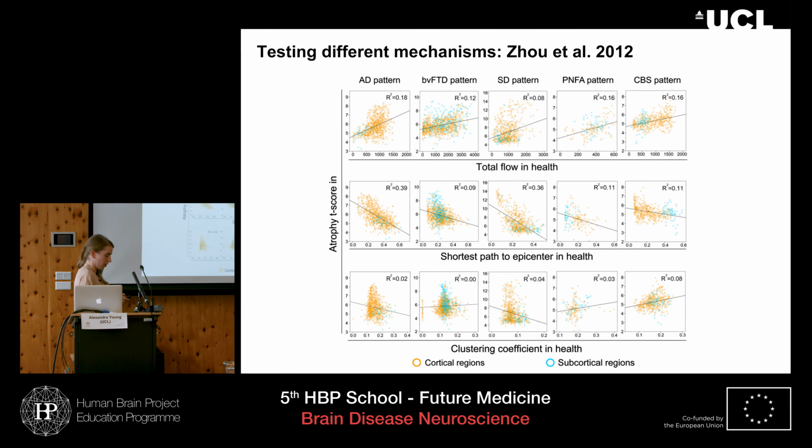And the clustering coefficient was the trophic failure. So what we can see here is that in all of the diseases, or the majority, most of them correspond to this shortest path to epicenter in health, suggesting that there's this transneuronal spread pattern. But some of them have this more total flow in health pattern, suggesting that there's just failure of nodes under nodal stress.